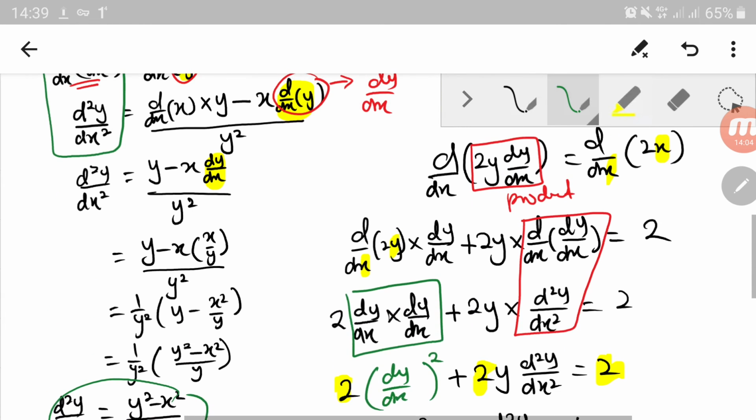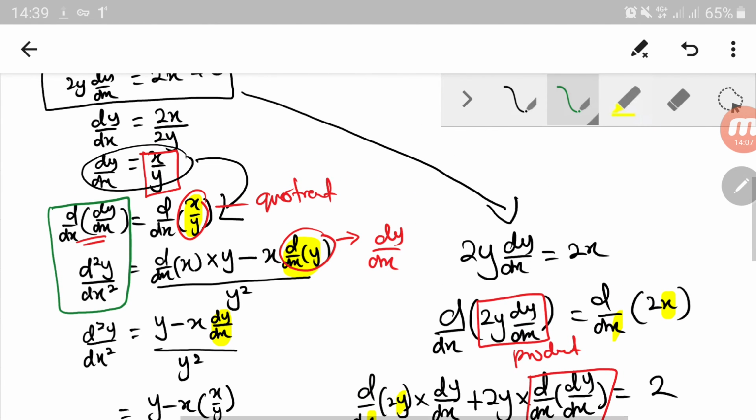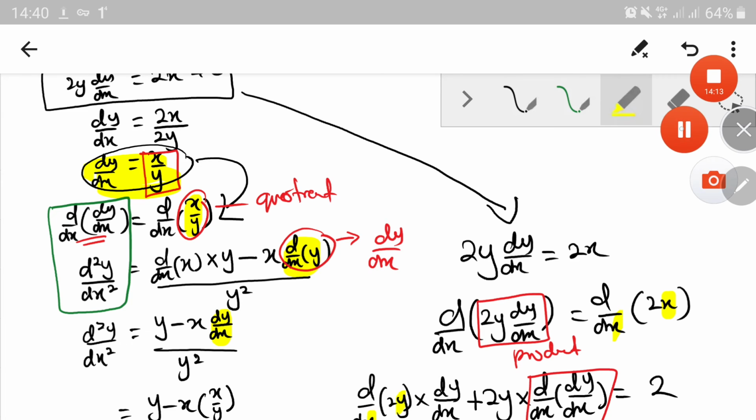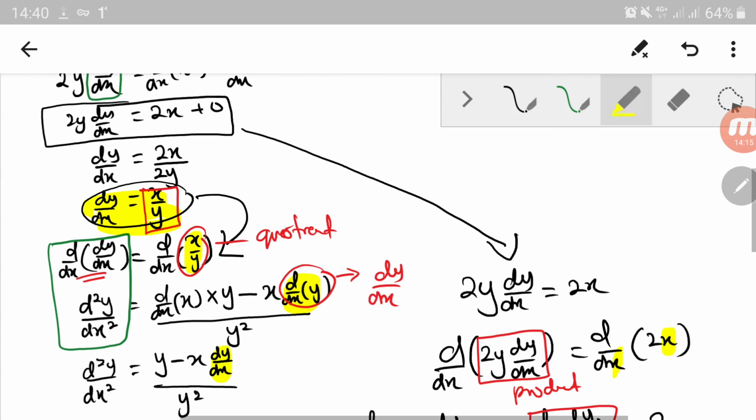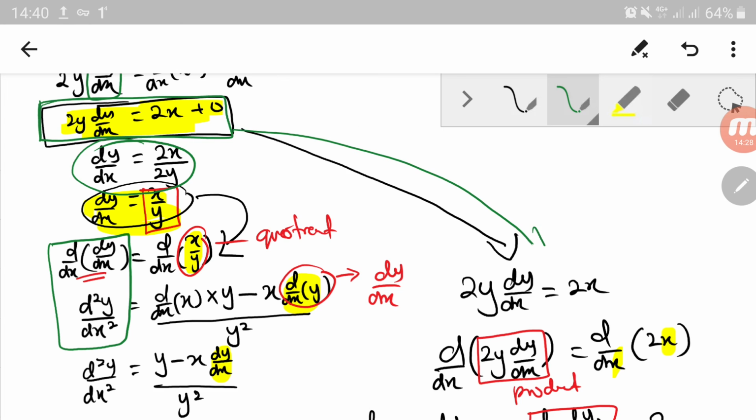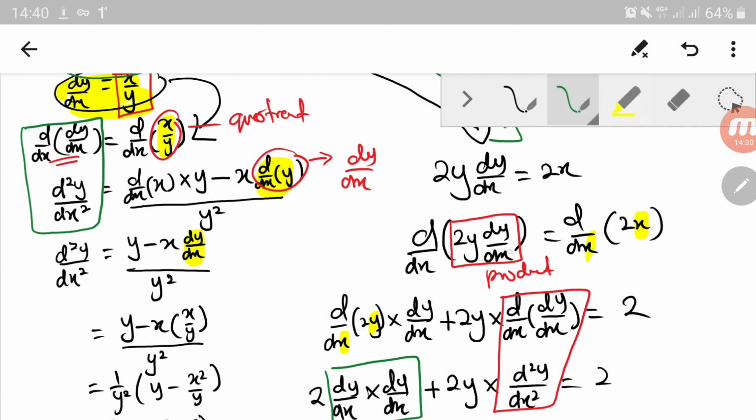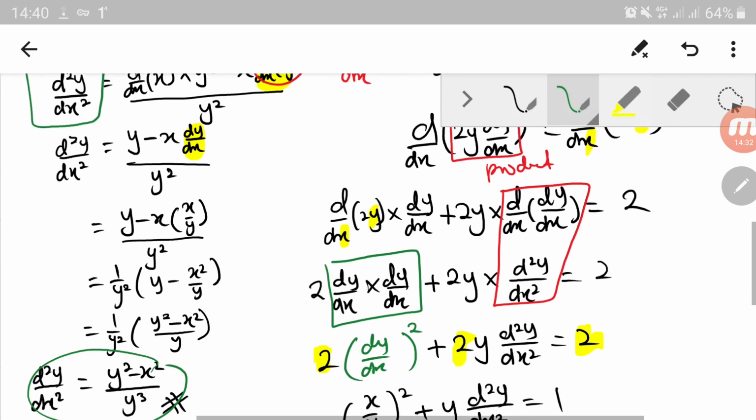If you want to use the quotient rule, then you take the last line that you have. But if you hate the quotient rule, then you might want to take the line before the dy/dx over here, this box. And then you proceed here, and you differentiate both sides in terms of x.